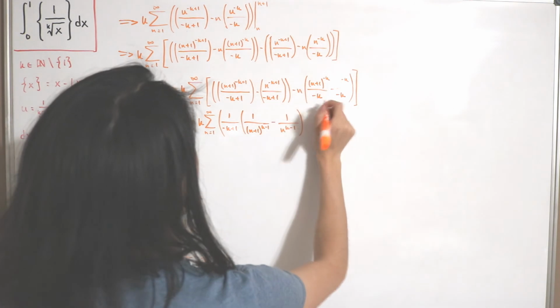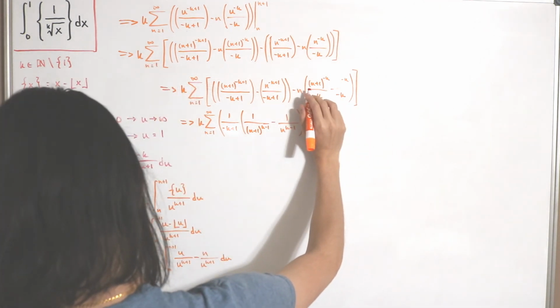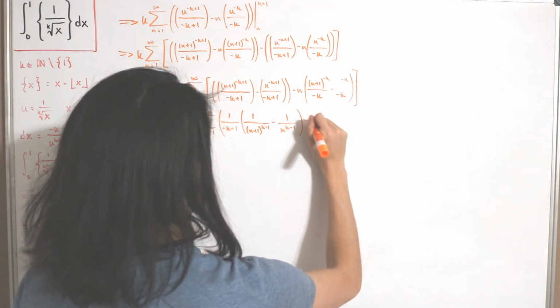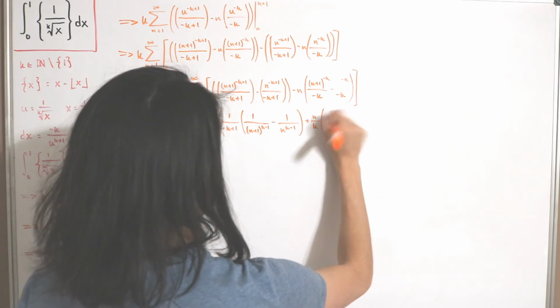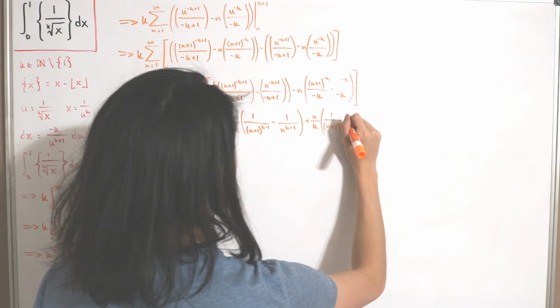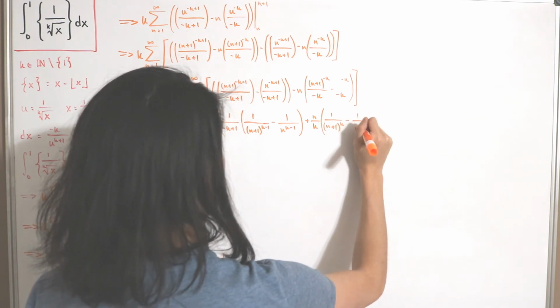Now from here I can actually factor out negative k, and so with the n over here, and then there's negative, so this can change to a positive, so this is n divided by k, and then multiply with 1 divided by n plus 1 to the k, and then over here, that's supposed to be minus, so this will be 1 divided by n to the k.